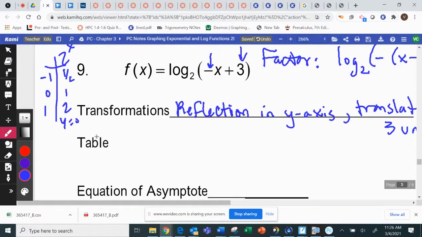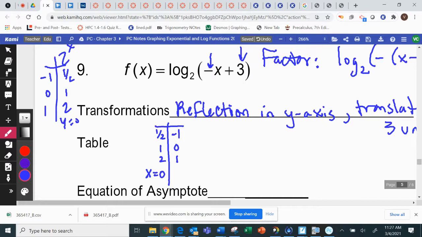Okay, then when I write my table for the logarithm, I switch my x and my y's from my 2 to the x, and switch my asymptote. And I'm going to do the transformations on the switched points. I don't use the transformations on the inverse at all.